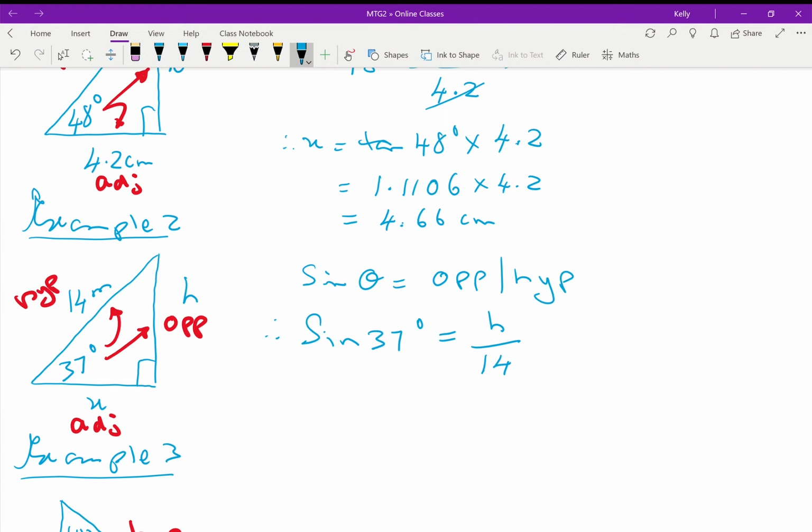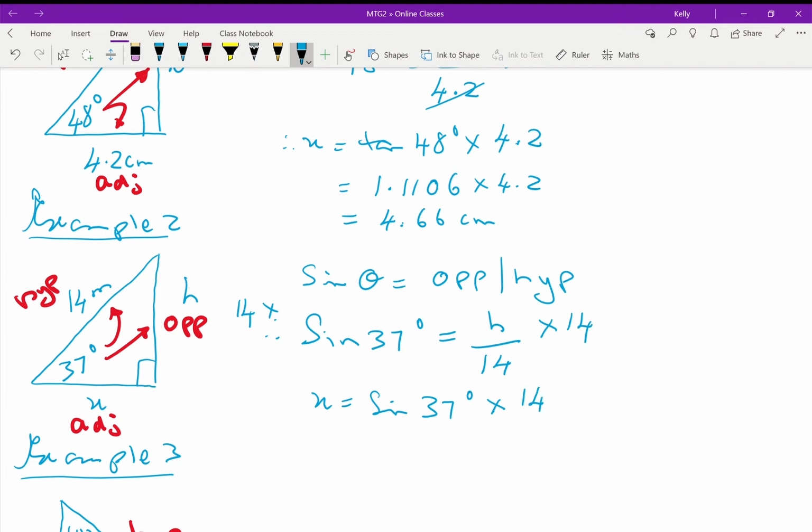Now, like the previous problem, I need to make the h the subject, or move it to the left-hand side. So the 14 has to be removed from underneath the h. So like in the previous problem, I multiply by 14, and I multiply by 14. And I end up with x is equal to sine 37 degrees multiplied by 14.